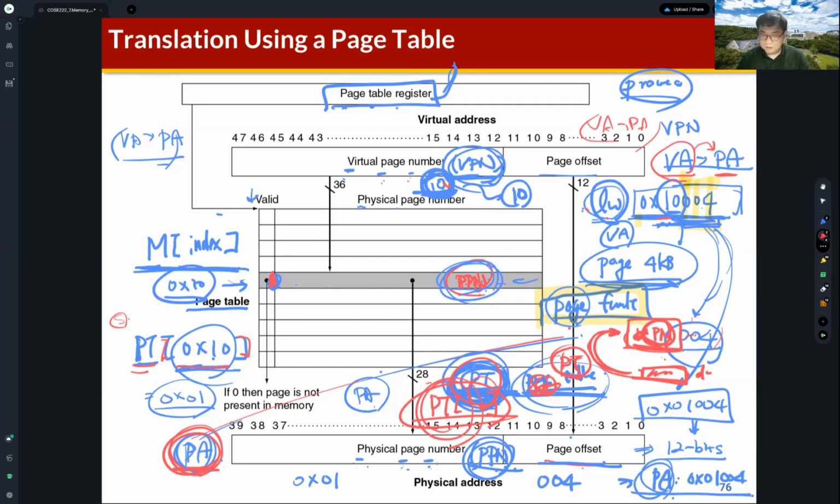But that's ridiculous. Why? When the load word is executed, in order to translate the virtual address into a physical address, we need to access the main memory. Well, then why do we use a cache?